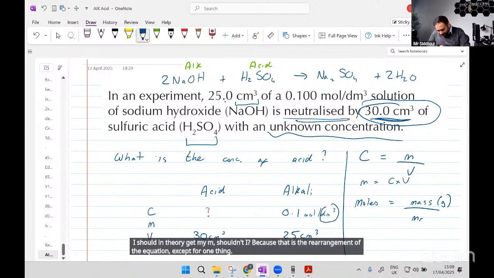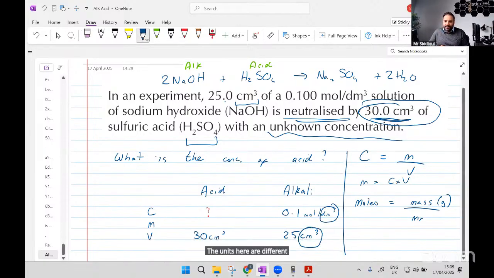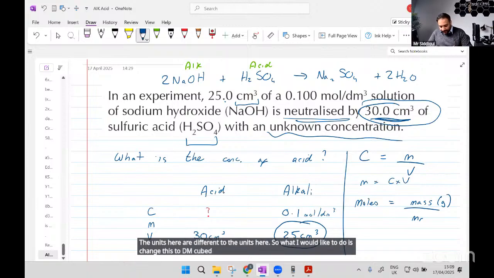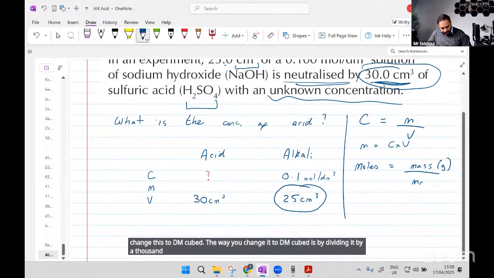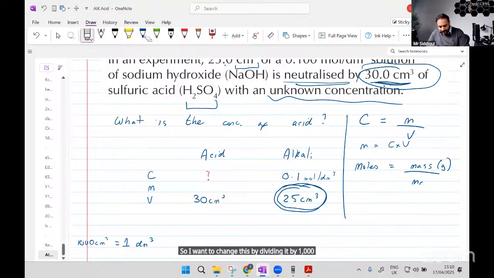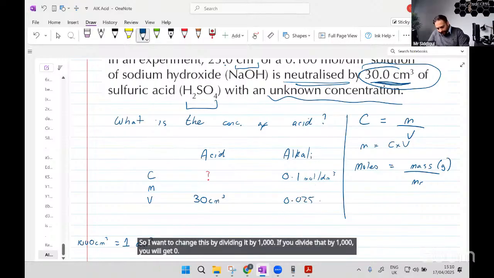The units here are different to the units here. So what I would like to do is change this to dm cubed. The way you change it to dm cubed is by dividing it by 1,000, because there are 1,000 centimeters cubed in 1 decimeter cubed. So I'm going to change this by dividing it by 1,000. If you divide that by 1,000, you will get 0.025 dm cubed.